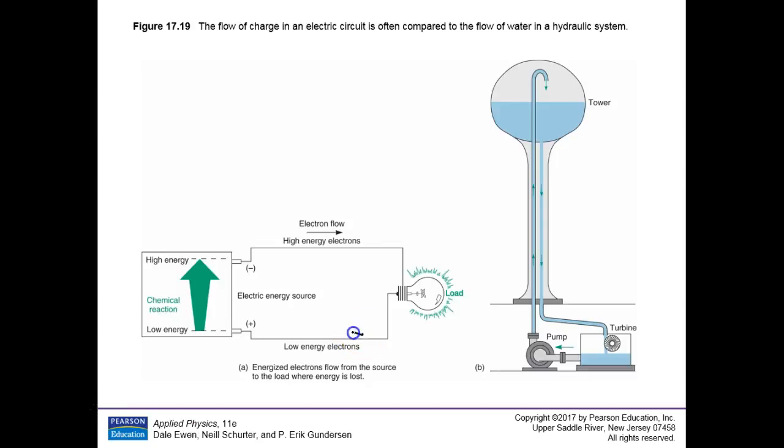Okay. We'll say the conventional current. And that means the direction a positive charge would move if positive charges were moving. Positive charges don't move. Positive charges are the protons. They sit right where they are. They don't move much.